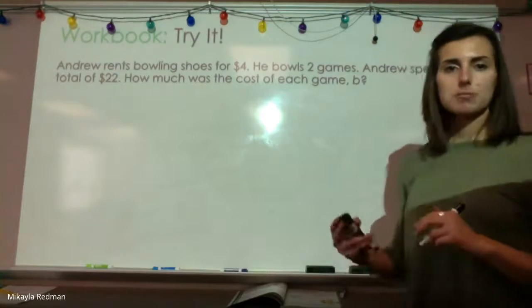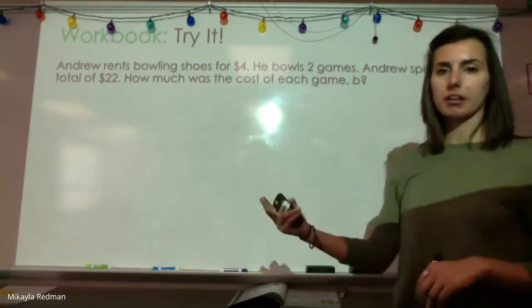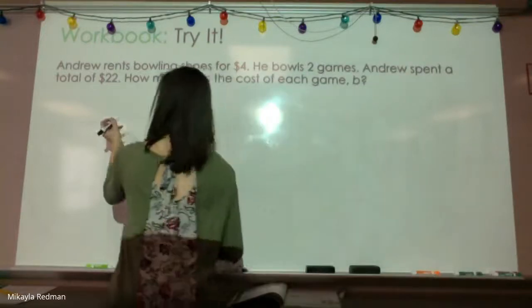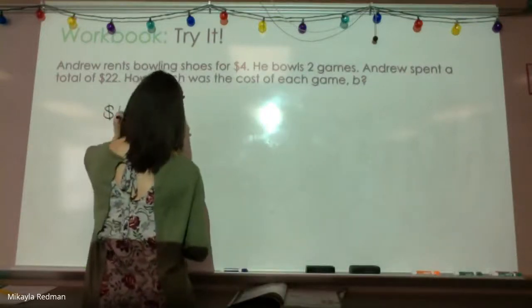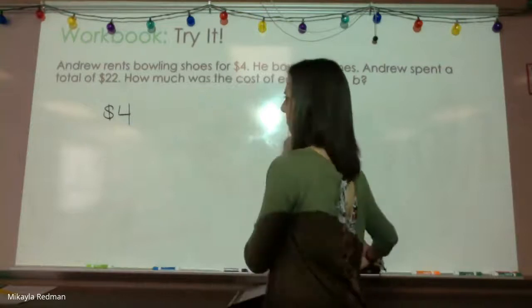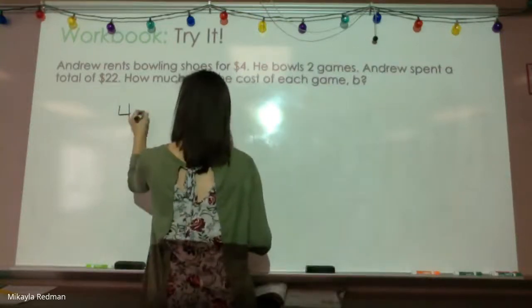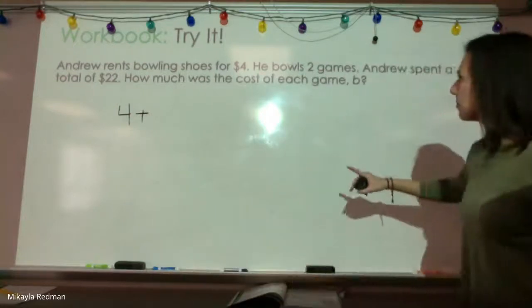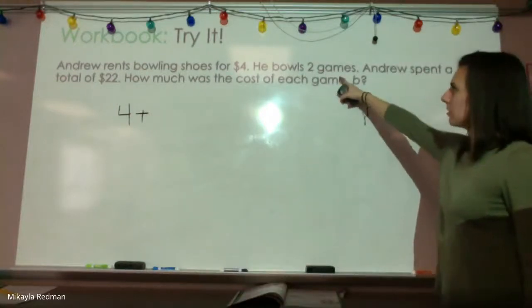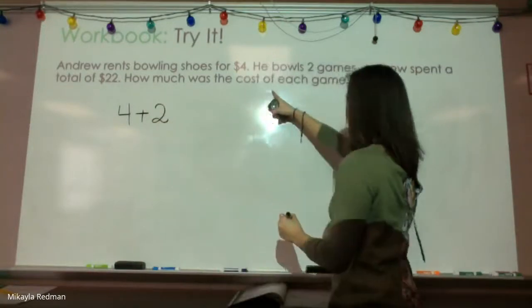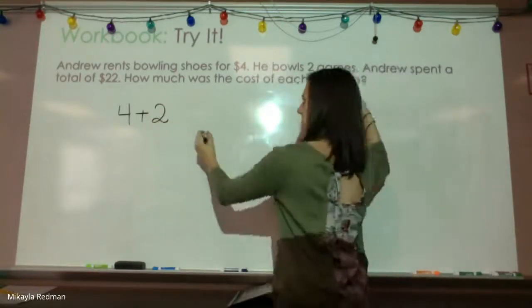Okay, so we know to begin with, he has to pay $4 just to go bowling because he needs bowling shoes. So we have the $4, and I don't need to keep dollars with it, so I'm going to erase that. But we have 4 plus, he bowls 2 games. So 2 times the cost of each game.